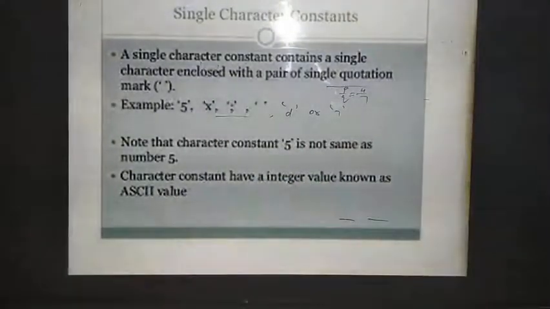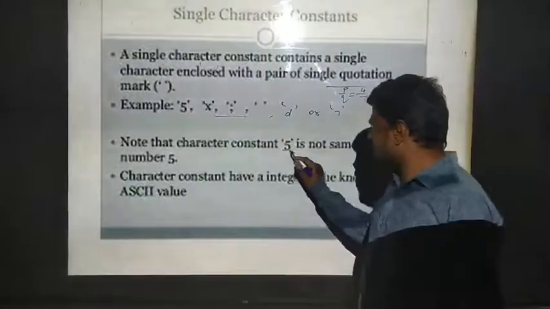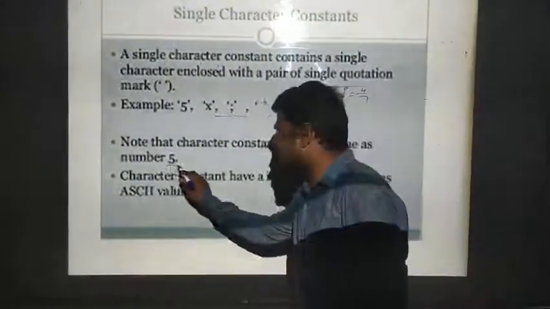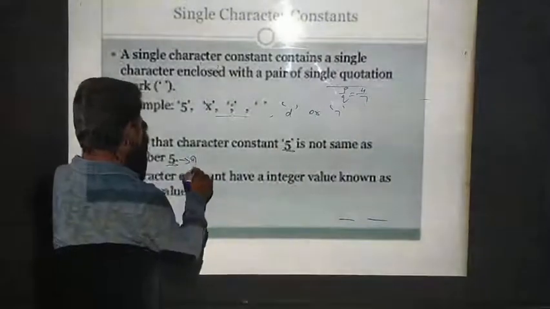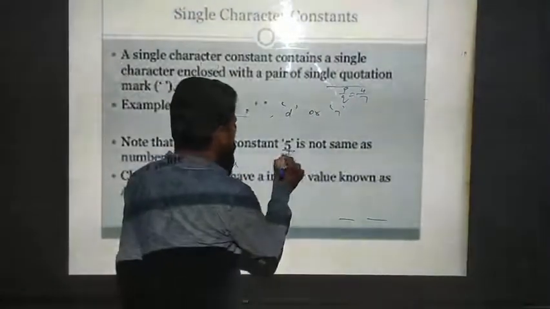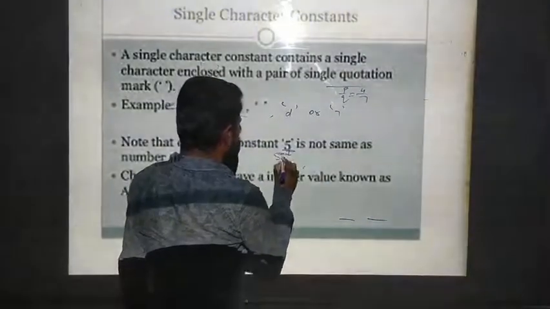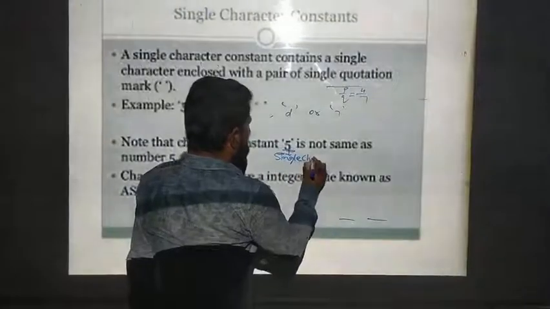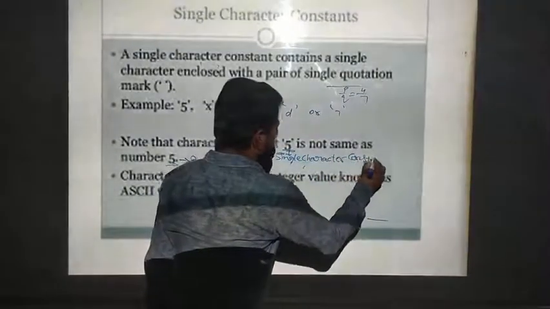Note that the character constant '5' is not the same as the number 5. Observe the difference here: one is an integer constant and the other is a single character constant.